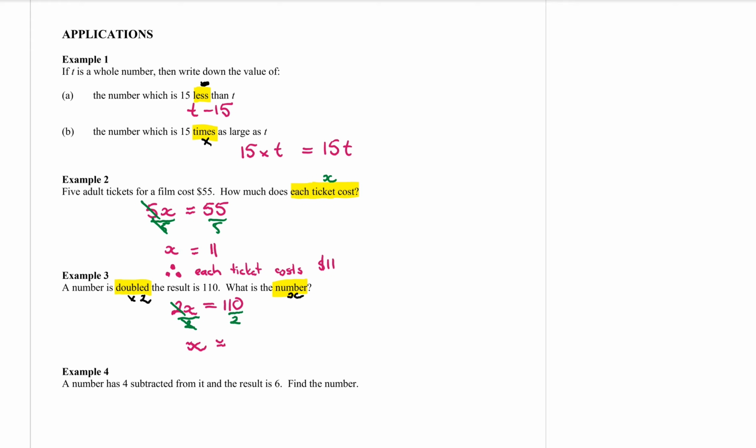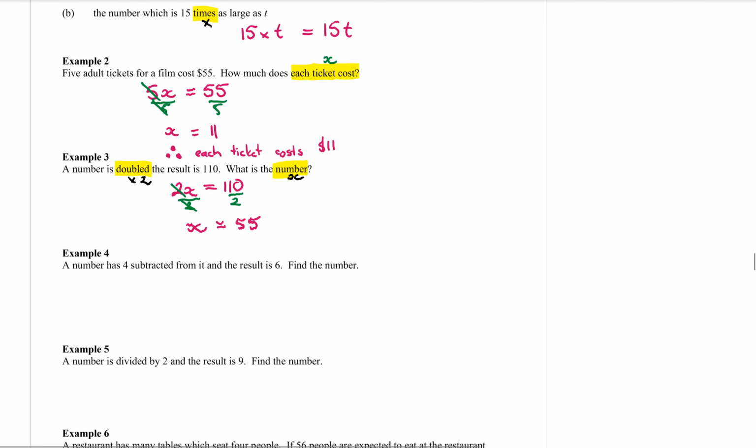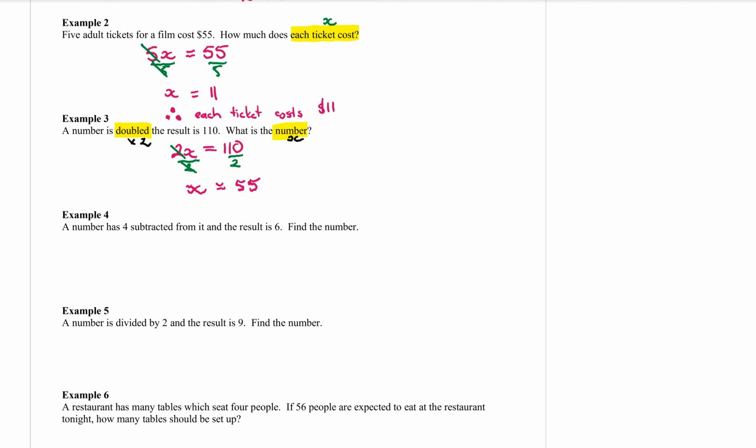And 110 divided by 2 is 55. Okay, so again, x was a letter that I introduced, so I need to write a little conclusion here. Therefore, the number, because that's what I was trying to find, the number is 55. And it makes sense because it says a number is doubled. If I double 55, I am going to get 110.